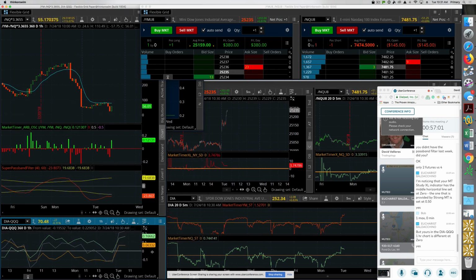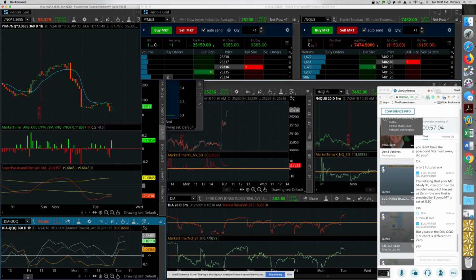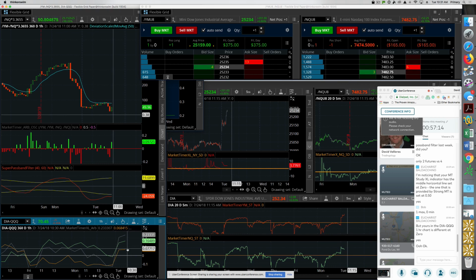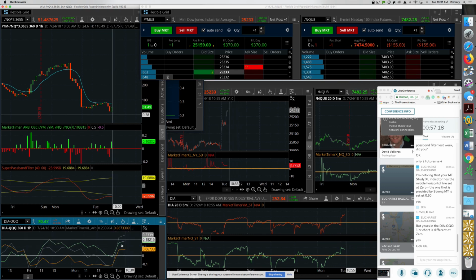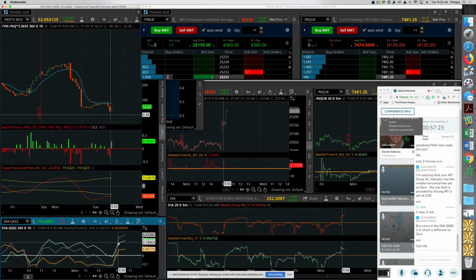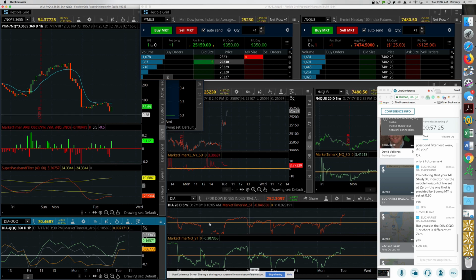So it's a different script altogether. The arbitrage script measures the strength and weakness and the supply and demand for the YM and NQ as a pair. That's the difference.